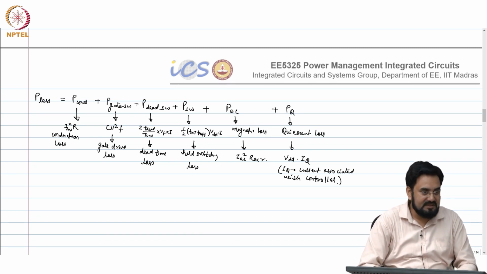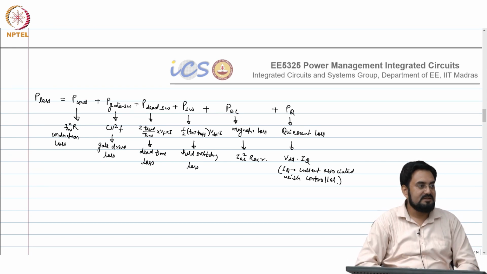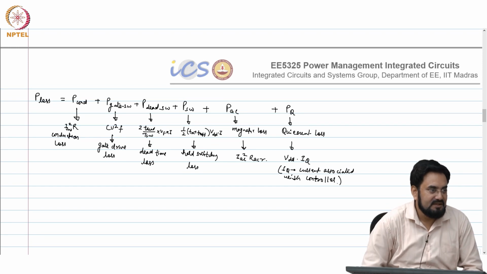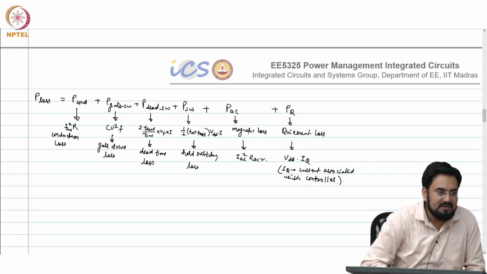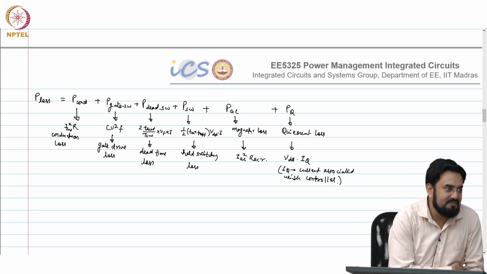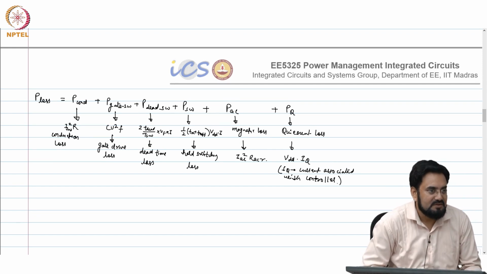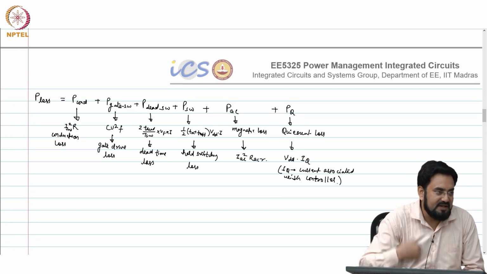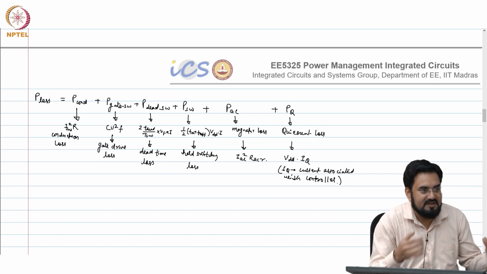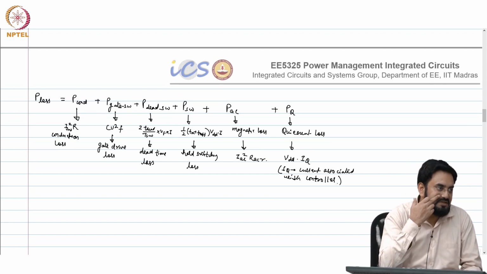So, you have a band gap there, you have comparators, you have an error amplifier. So, all those currents, and this is what starts dominating at very low current when all the others are low. Your magnetic losses, usually if you operate in PFM, since it is a factor of AC, you are operating at a lower switching frequency, so your magnetic losses will not be that dominant.